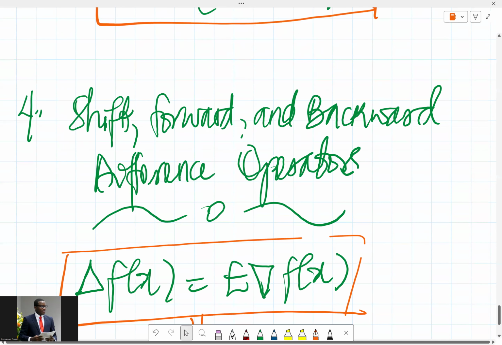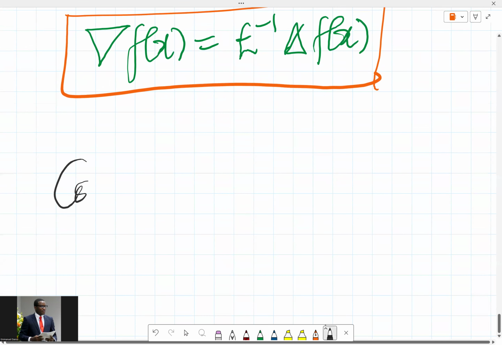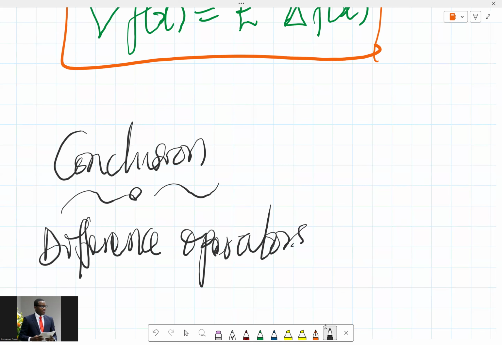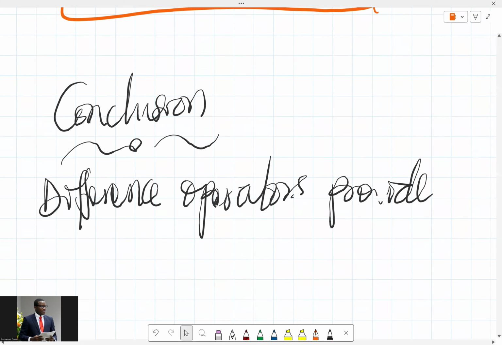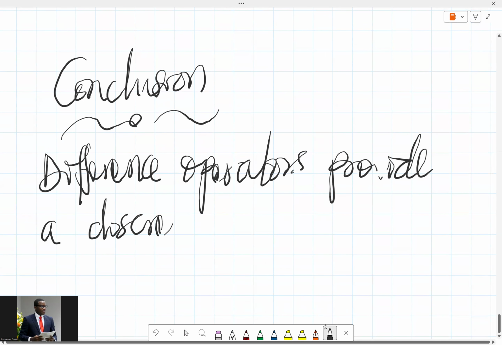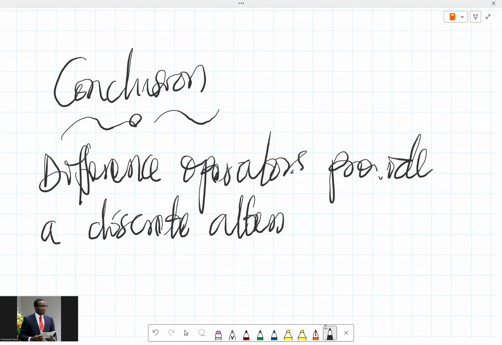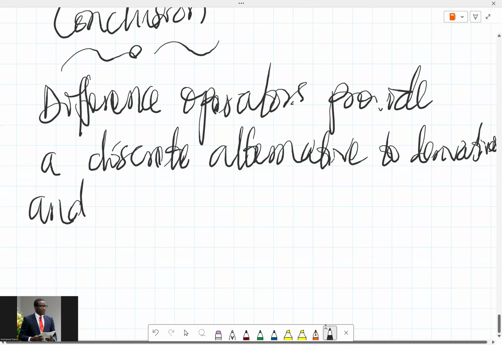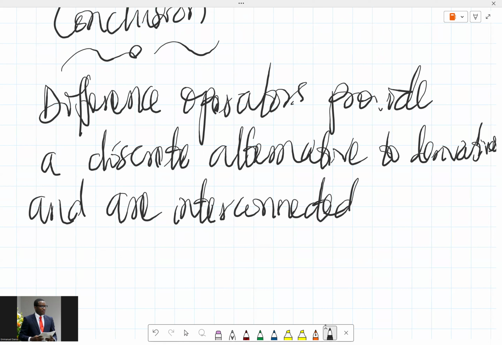So that brings us to a conclusion. We can conclude now that difference operators provide a discrete alternative to derivatives and are interconnected through the shift operator.